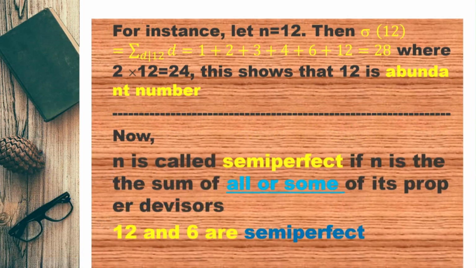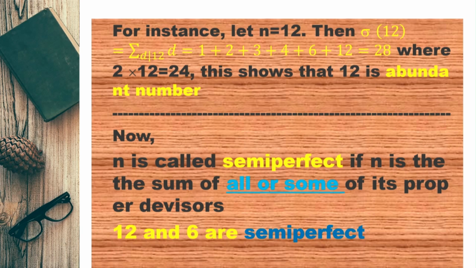All these concepts, perfect, abundant, deficient, are related to the sum of the divisors of n. For instance, suppose that n equals 12. Then sigma of 12 equals 1 plus 2 plus 3 plus 4 plus 6 plus 12, which is 28. So 12 is called an abundant number.